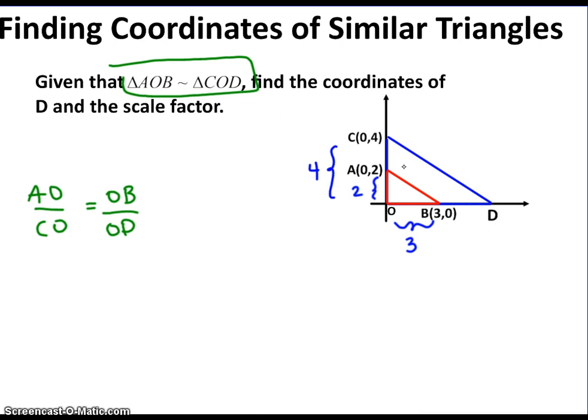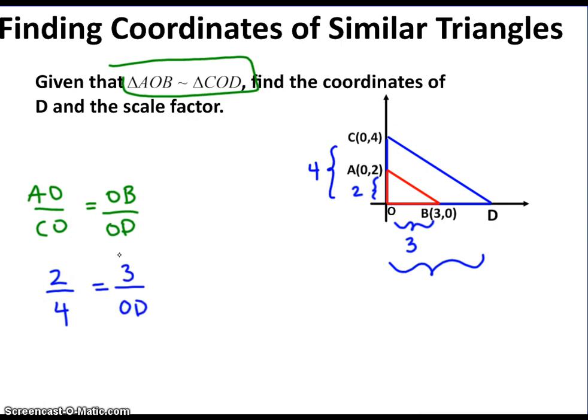Okay, now the reason I'm not going to use this small piece here is I don't want to know the length of this piece. I want to know the length of the whole piece, because then that'll tell me where D is supposed to be. So 2 over 4 is equal to 3 over OD.